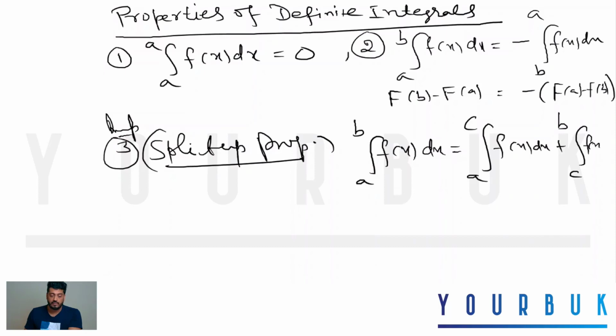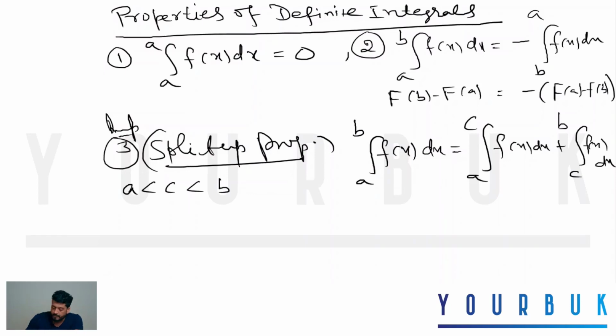That is, we can always break at c provided that this c is in between a and b. Okay, if this point c is coming between a and b, you can always break your definite integral like this, that a to b f(x) dx is equal to a to c f(x) dx plus c to b f(x) dx. And you will say, sir, will we break it into two only, or can we break it in more than two also?